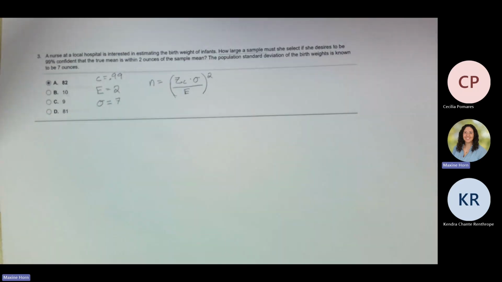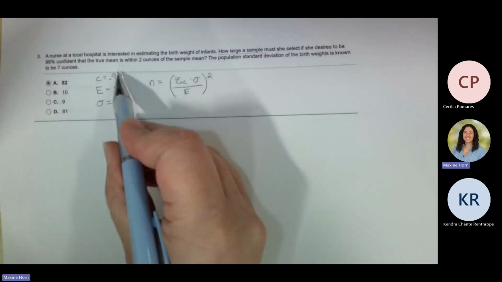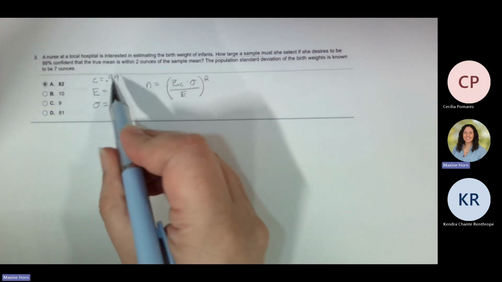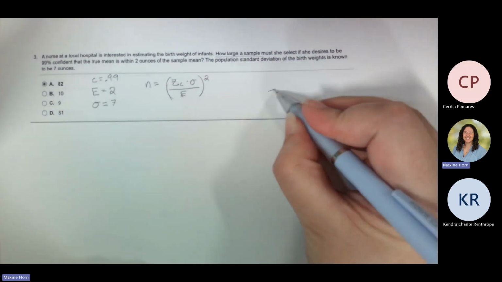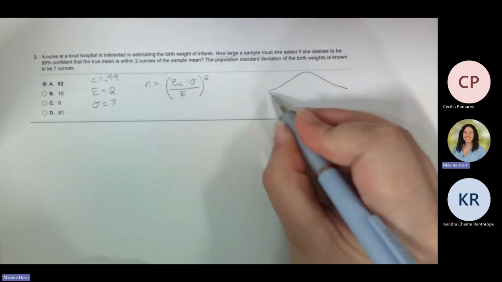In your book, I'm going to show you where it gives a little cheat sheet here. The difference between z-scores when we're talking about confidence intervals and z-scores from previous chapters is that this confidence percentage, this number, is the area under the curve in the center.